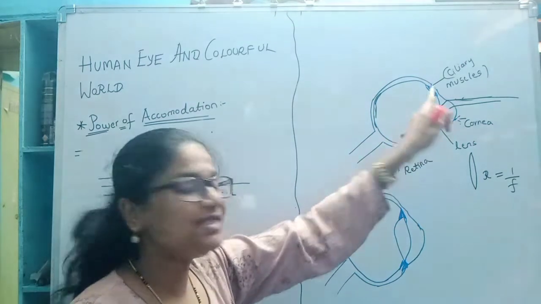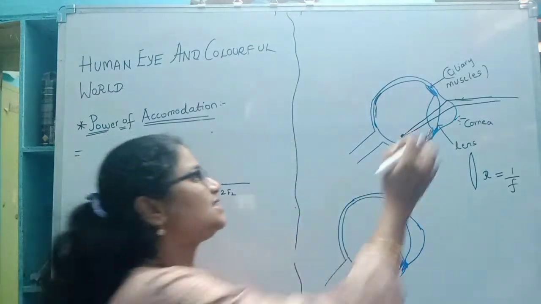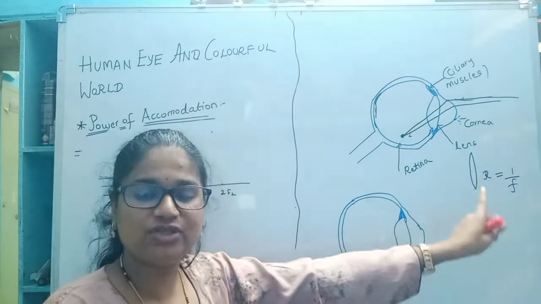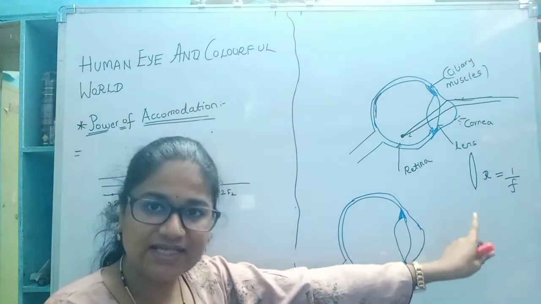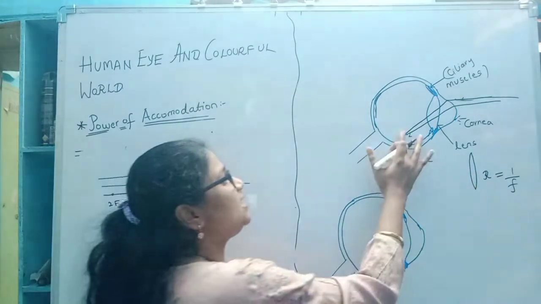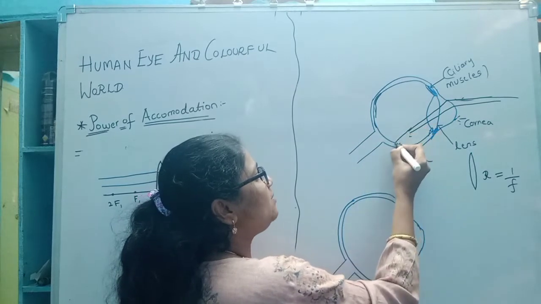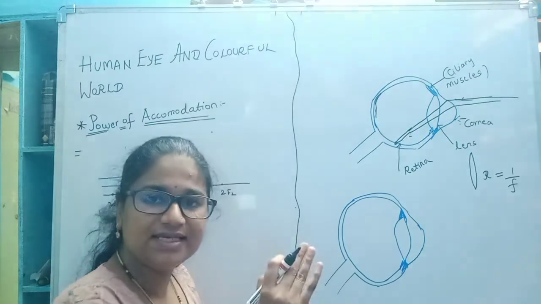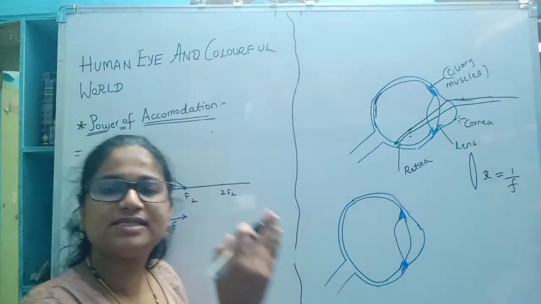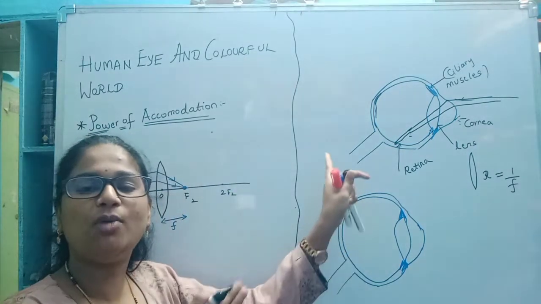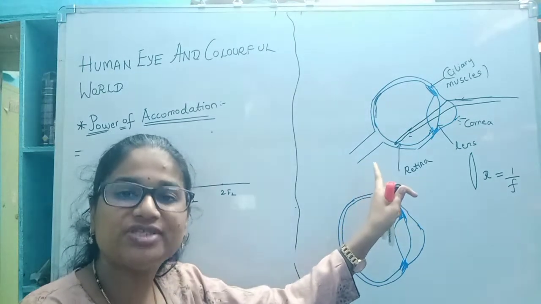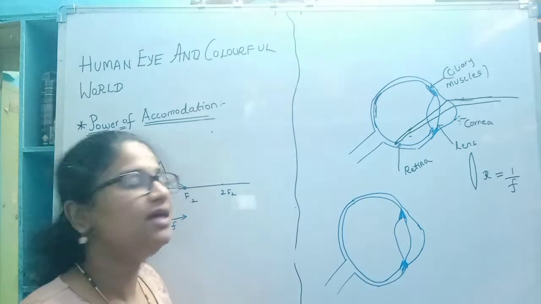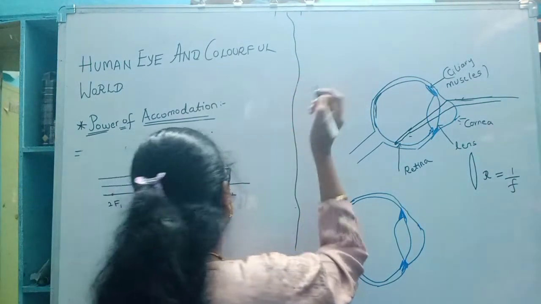Hence the image is formed on the retina, and we are able to see objects at a far distance.